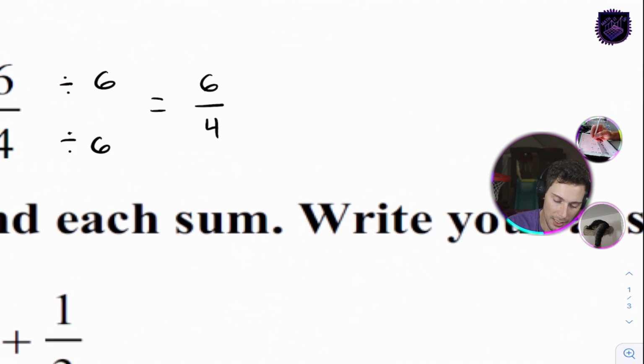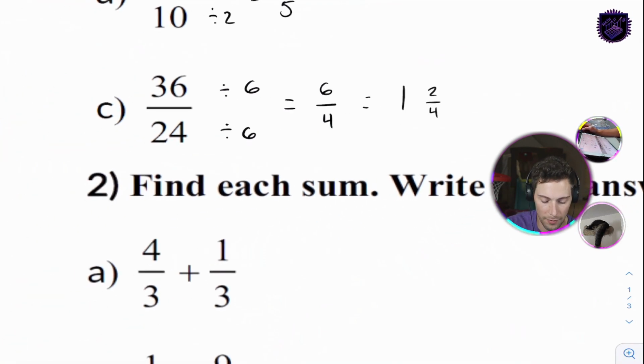So this is going to be equal to 1 and 2/4. Now, what was the greatest common factor that was 6/4? 1 and 1/2.